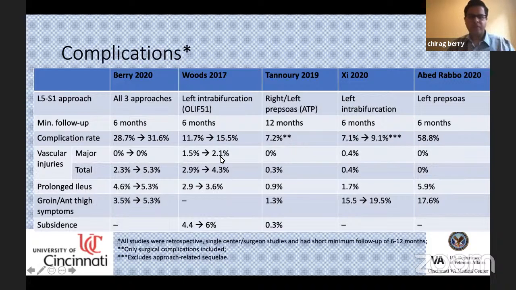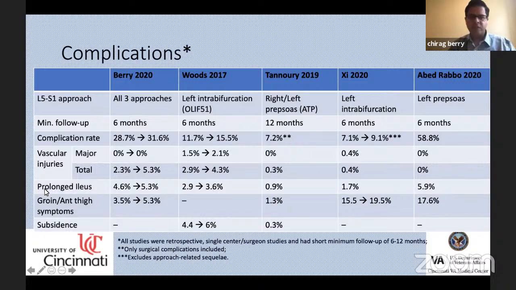They jumped from 1.5 to 2.1% in the series by Woods. The total complications jump from 2% to 5% in our paper, and from approximately 3% to 4% in Woods' papers, and so forth. So there's a definite jump in the risk of complications when L5S1 is included.